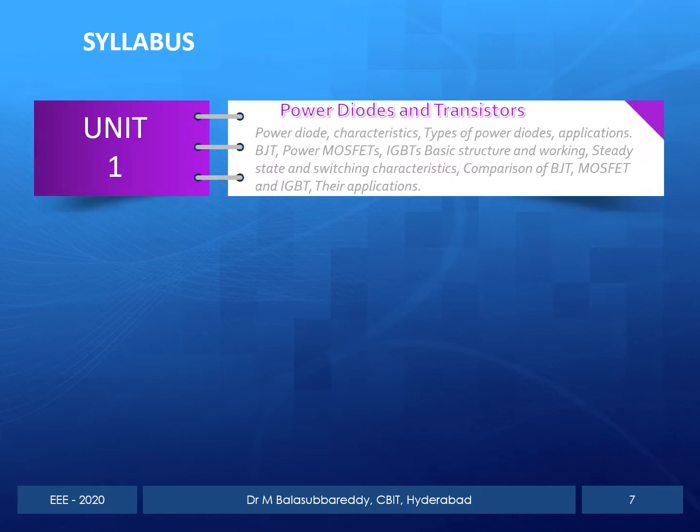This total course is divided into 5 units. Unit 1, power diodes and transistors. In this, I highlighted some of the subtopics. We need to discuss diodes, characteristics of diodes, types of power diodes, applications of diodes.